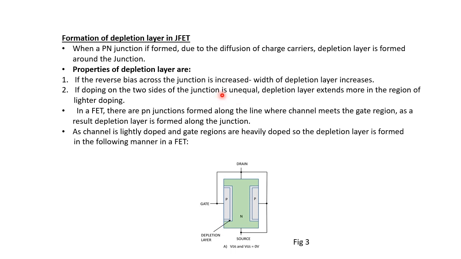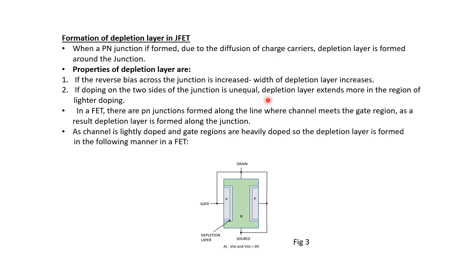If the doping on the two sides is unequal, then the depletion layer has a larger width on the side in which the doping is light, and the width of the depletion layer is small on the side where the doping is heavy. It means that on the lighter doping side, the width of depletion layer will be more, and on the side of heavier doping, the width of depletion layer will be narrow.